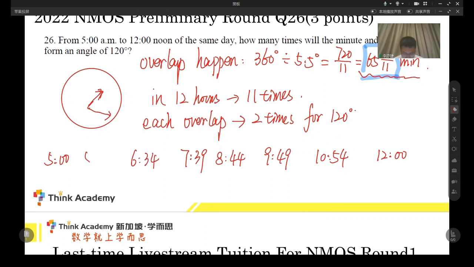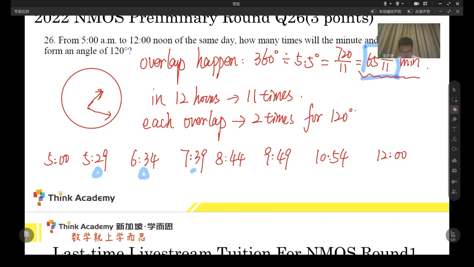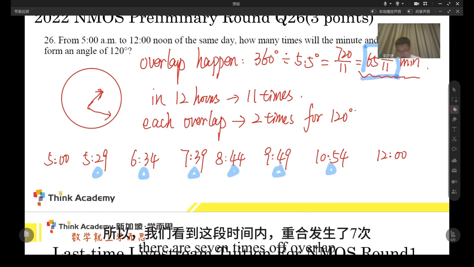Maybe it's 5:28 or 27 or whatever. Doesn't matter. So we can find there are 7 times of overlap.